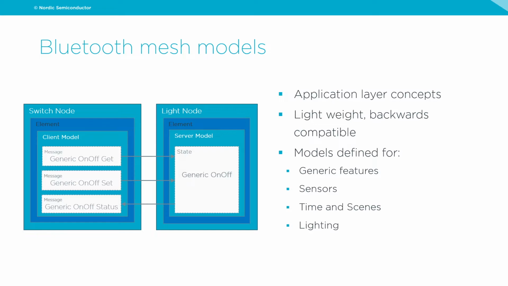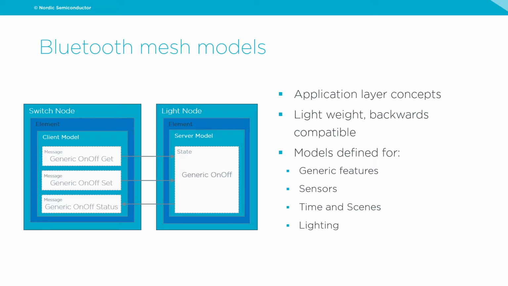Having just one packet is one of the reasons why this network is reliable. And just being short in general avoids interference with other packets. So the way the models are implemented is actually a contributor to why Bluetooth Mesh is such a reliable technology.